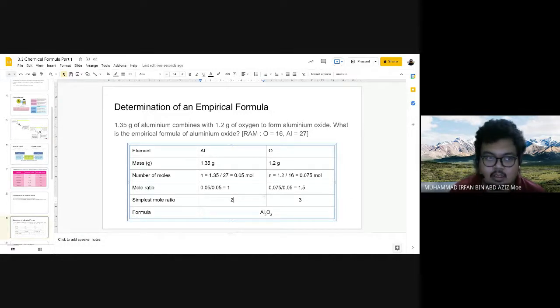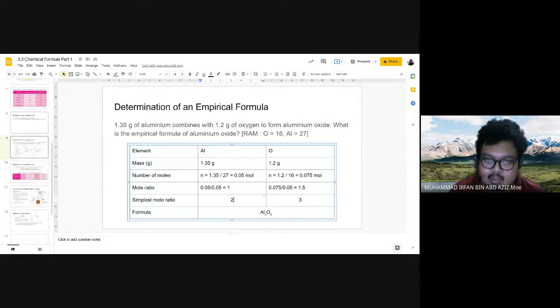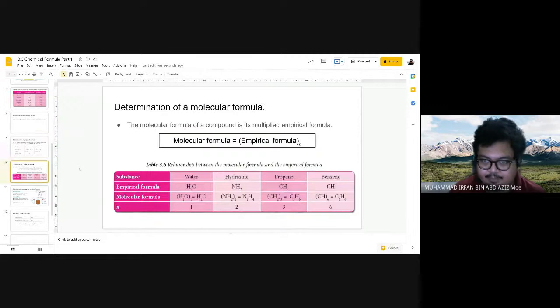Alright, next. We already know empirical formula. How about molecular formula? Molecular formula is actually the empirical formula times by n. In maths, what do we call n? Common denominator, something like that. I don't know maths terminology very well. So n is not the number of moles, okay? n is like a multiplier.